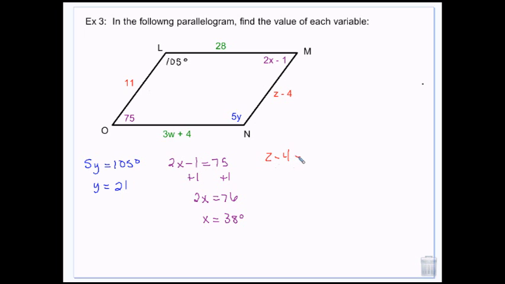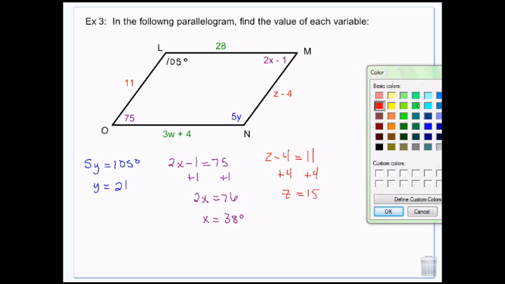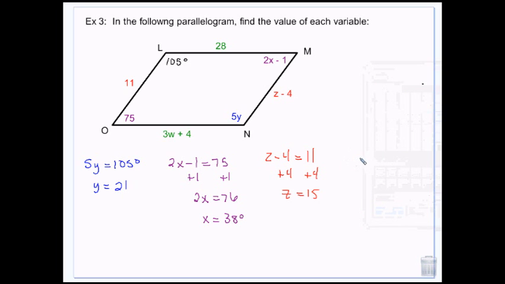Z minus 4 is going to be 11. So add 4 to both sides. And z is going to be 15. And finally, we have w. W plus 4 is equal to 28, so you're going to subtract 4 from both sides. 3w equals 24. So w is 8.